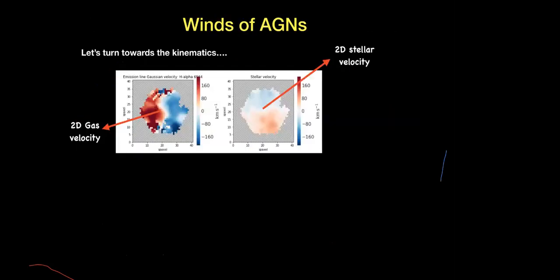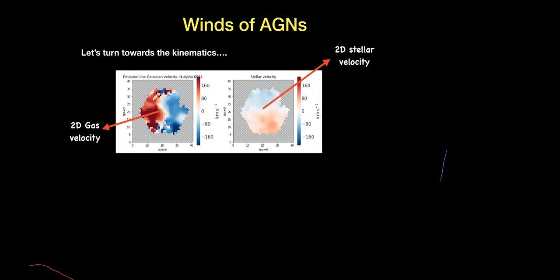Okay, so now we have evidence for the presence of AGNs. So the next automatic question is, well, do they have winds? Or if they do, how do you know these are actually winds and not anything else? To test that, we look at the kinematics, or the velocity structures. Here, these two maps are the maps of velocity.